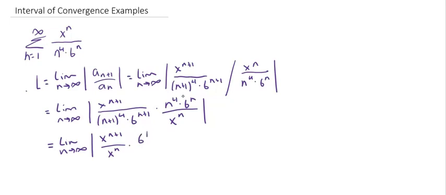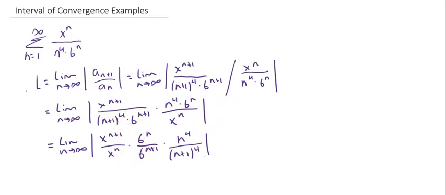So that gives me 6 to the n over 6 to the n plus 1. I took the 6 to the n in the top because that's in the top here, the n plus 1 in the bottom here. And then times n to the fourth in the top over n plus 1 to the fourth in the bottom.